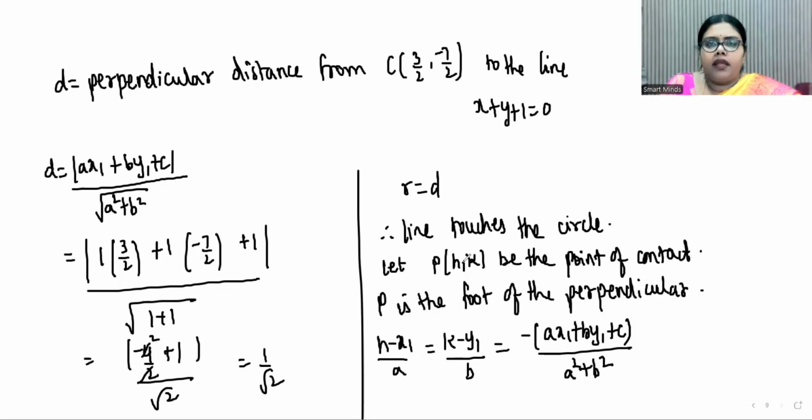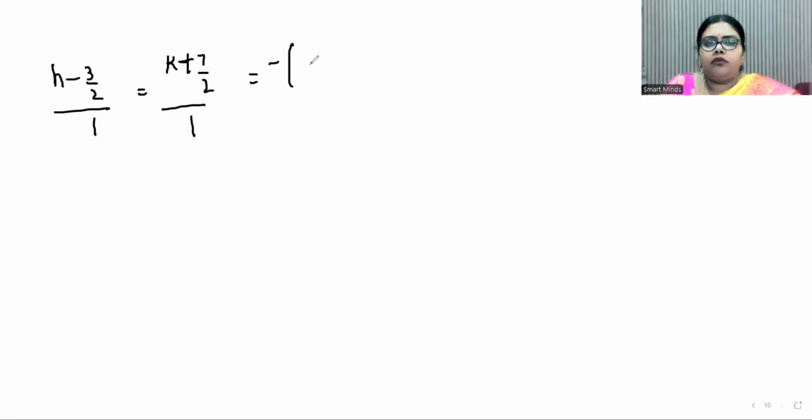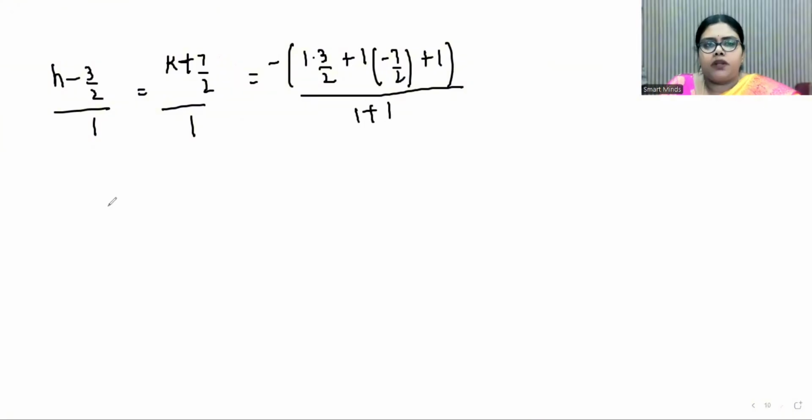So here h minus x1 is 3 by 2 by A is 1. k minus y1 is minus 7 by 2, so that is plus 7 by 2 by 1, is equal to minus of 1 into 3 by 2 plus 1 into minus 7 by 2 plus 1 by A square plus B square, 1 plus 1.